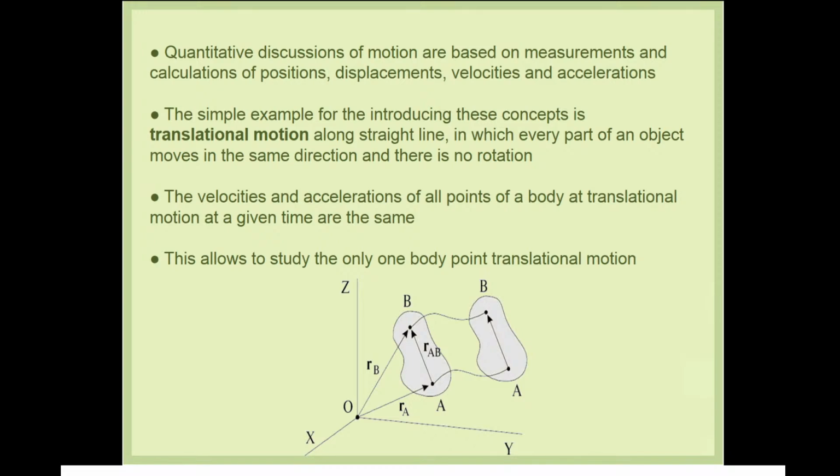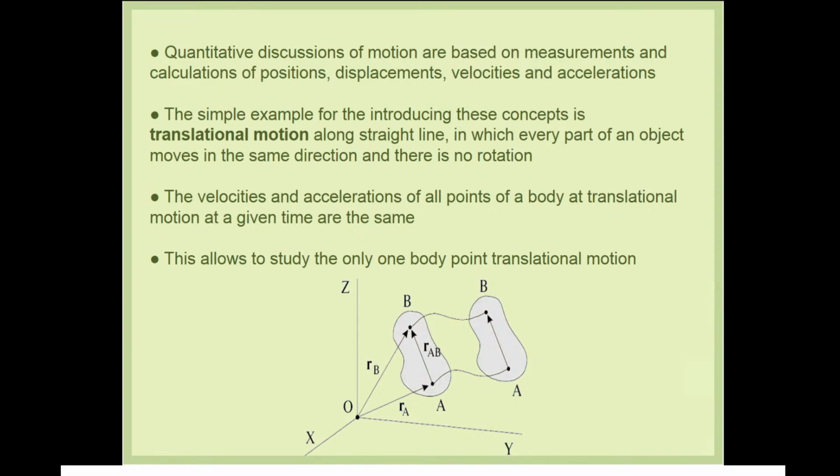This simple example for introducing these concepts is translational motion along a straight line, in which every part of an object moves in the same direction and there is no rotation. The velocities and accelerations of all points of a body in translational motion at a given time are the same.